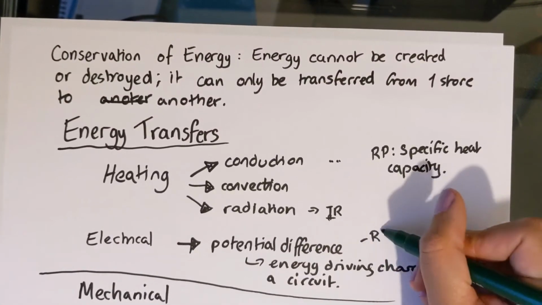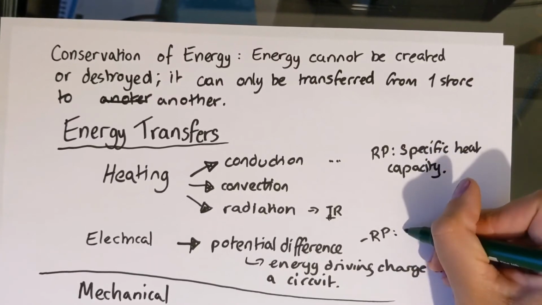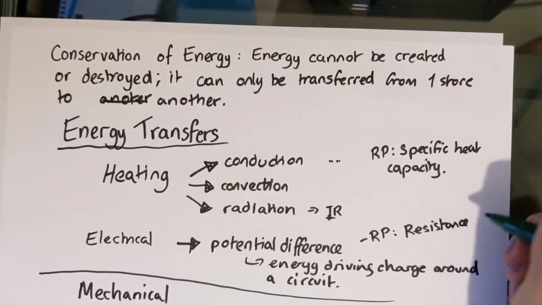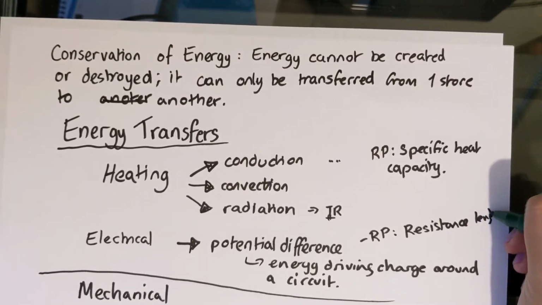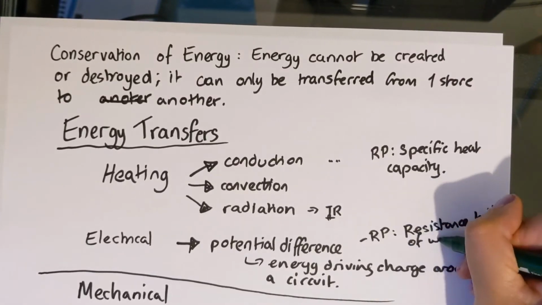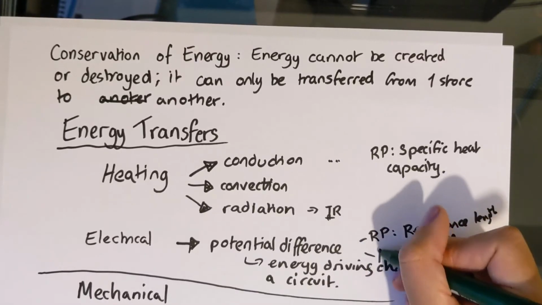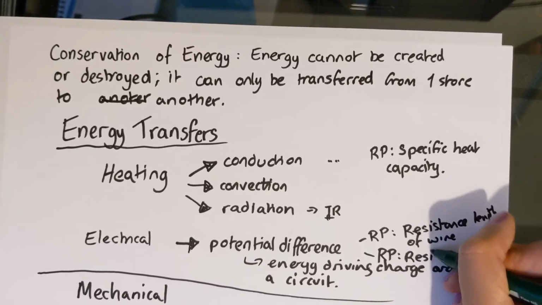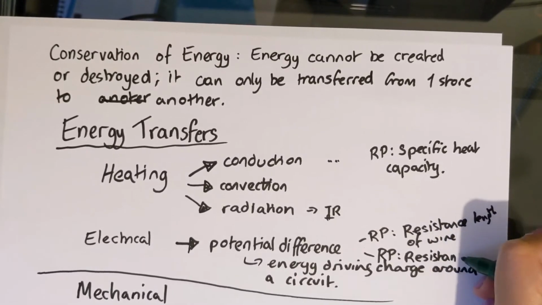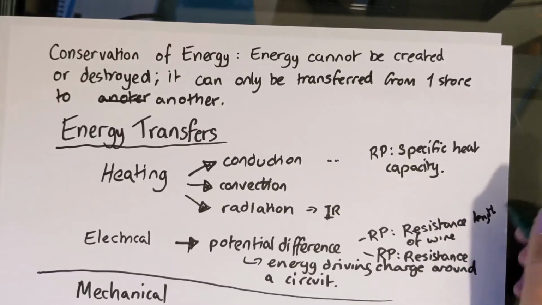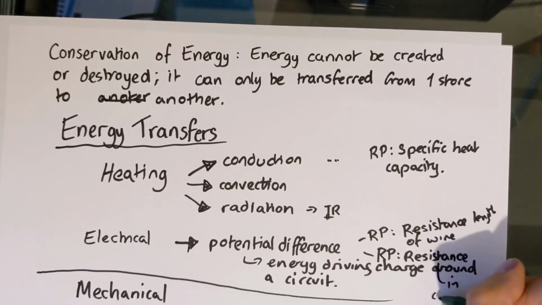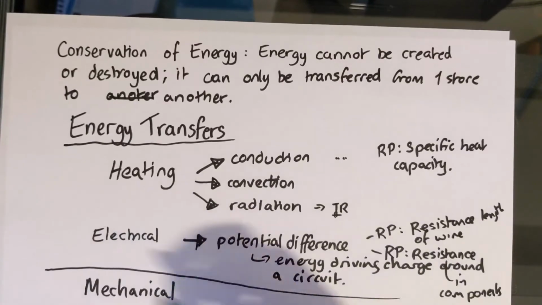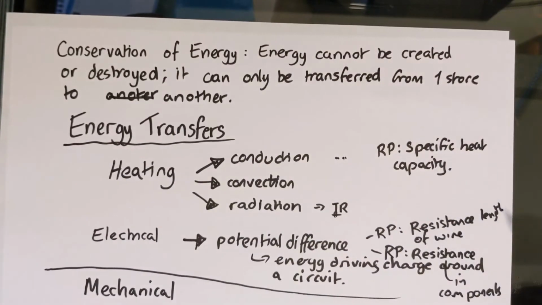There are 2 required practicals in this part of the course, which is resistance in the length of a wire and then the one about components, yeah, so resistance in various components. I think it's called component characteristics, okay. So that's paper 1 kind of done in terms of energy.